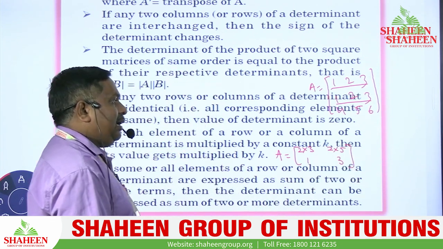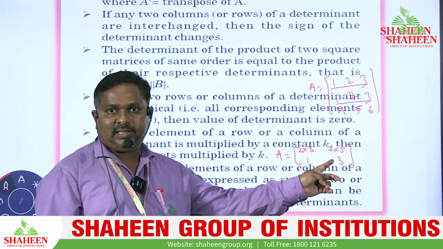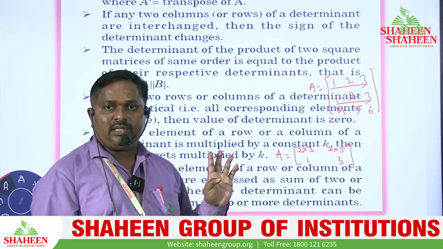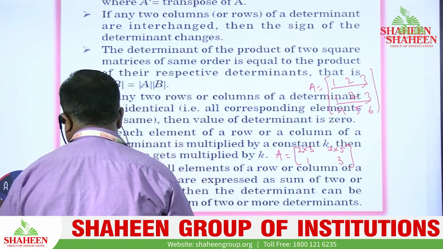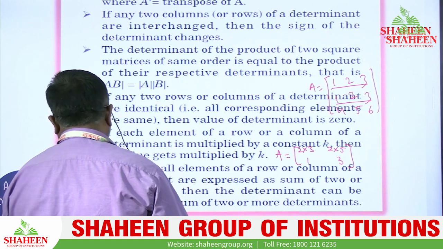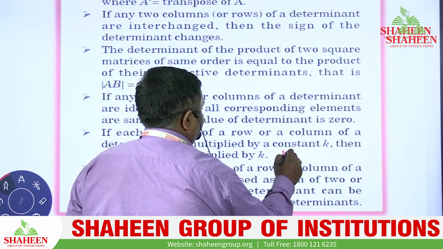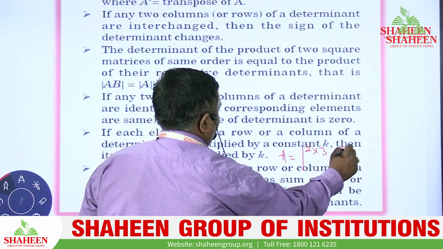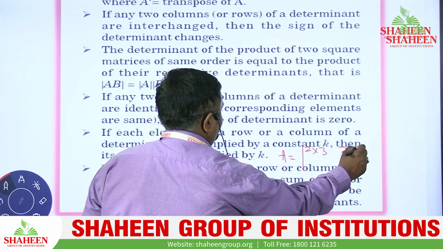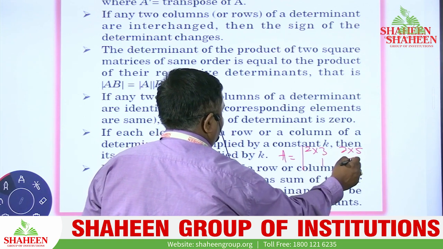You can see that in the first row of this matrix, this is about the determinant. Let us take the determinant, that is determinant of A is equal to 2 into 3 and 2 into 5 and 1 3 we have.